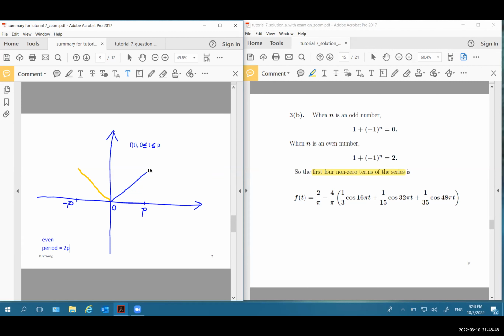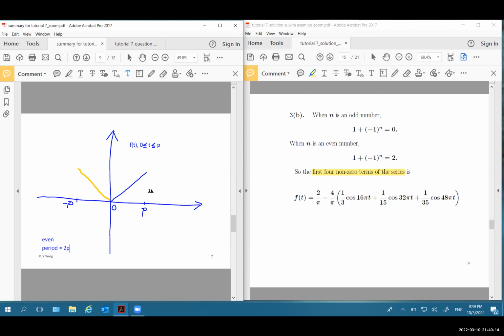And this one period is even. Okay, and then what you do is you go and write down the Fourier series of this extended one. This extended one is one period, you assume it's one period. So it's an even function. You go and write down the Fourier series of this even function.